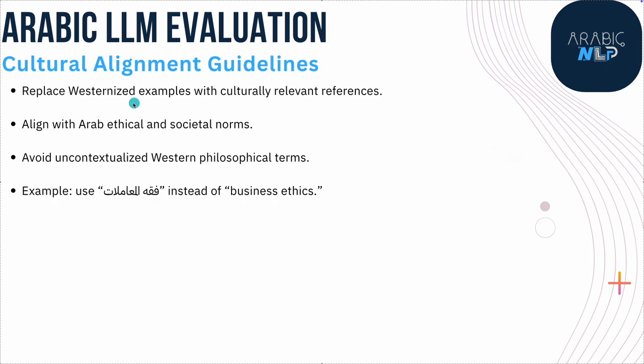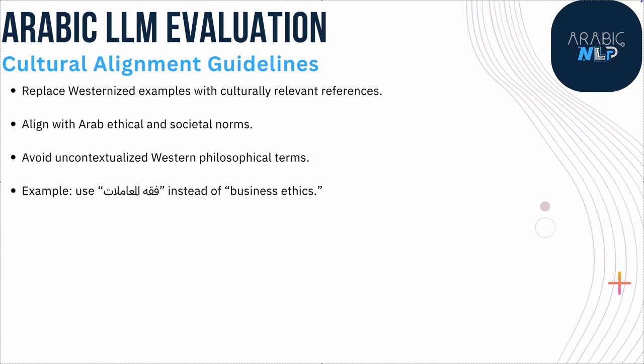Then we tried to build cultural alignment guidelines, and this is something important we need to focus on when we're building this. So we stress the need to adapt ethical content, cultural content, and also the terms, for example, business ethics in Western benchmarks should be like fiqh al-muamalat, okay? This is very rooted in Islamic and Arabic tradition.